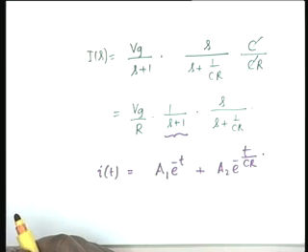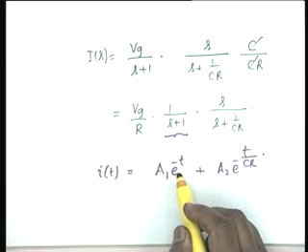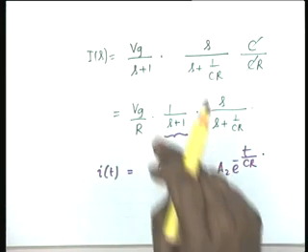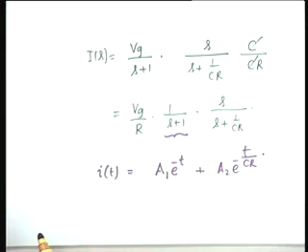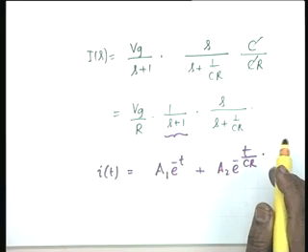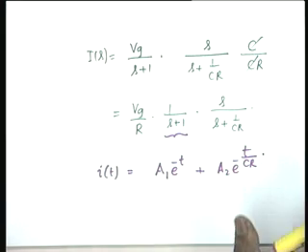Agree? So, there is a term due to the forcing function, which was e to the minus t, and there is a term due to the natural response of the system. Again, it corroborates with the fact that the total solution shall be the sum of two functions. One is the complementary function and the other is the particular integral.